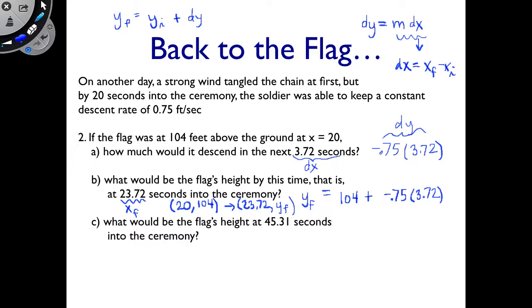So our dx is kind of built in here. This is the 23.72, which I kind of mentioned when we were doing part A, minus 20, x final minus x initial. So between time 20 and time 23.72, that's the 3.72 seconds we were talking about. So the dx is still that 3.72.